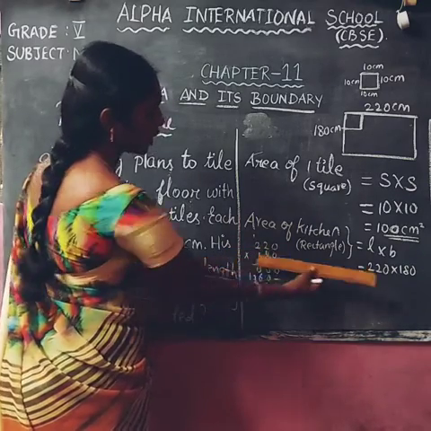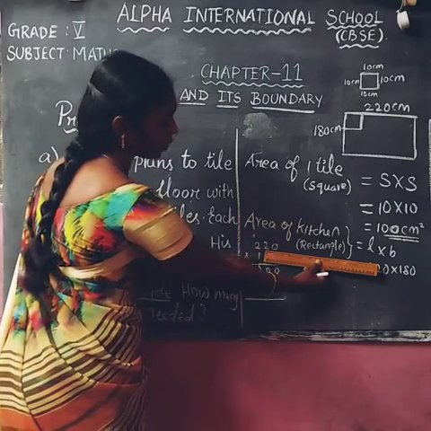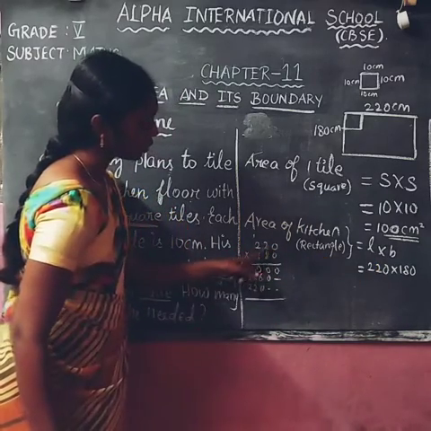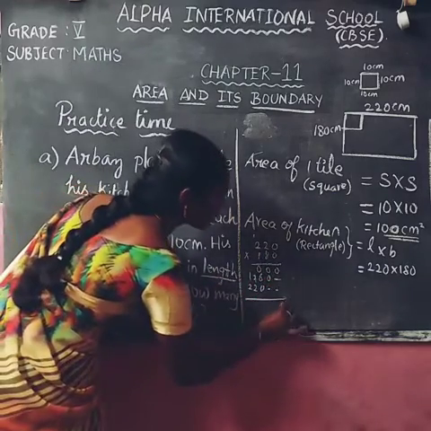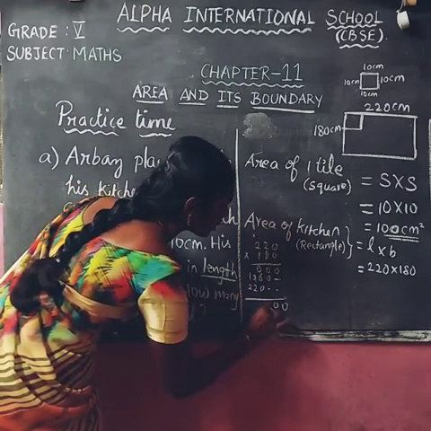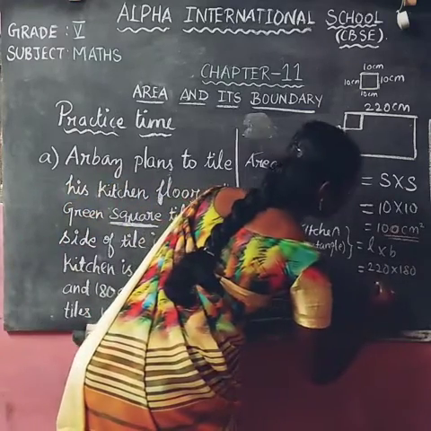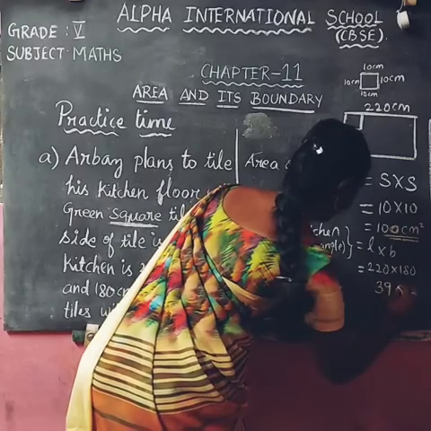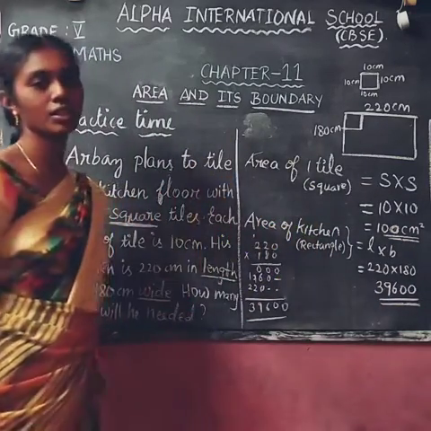This is finished. Next, forget these two and multiply 220 with 1. 0 into 1 is 0, 2 into 1 is 2, 2 into 1 is 2. Now add all these numbers. What will I get? 0, 0, 6, 9, 3. So what is the answer here? 39,600 is the area of the kitchen.